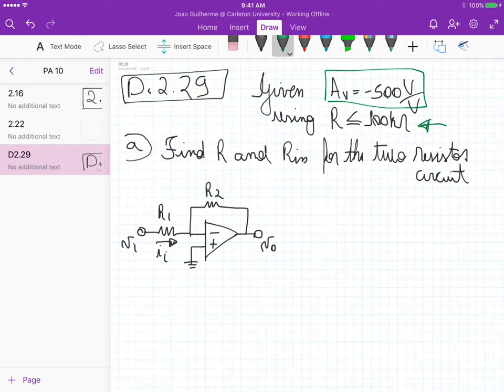So for this particular circuit, if we consider ideal op-amps, we know that the voltage transfer function AV is equal to minus R2 over R1, and that should be equal to minus 500. Now, to get a large value like 500, in magnitude R2 should be greater than R1.